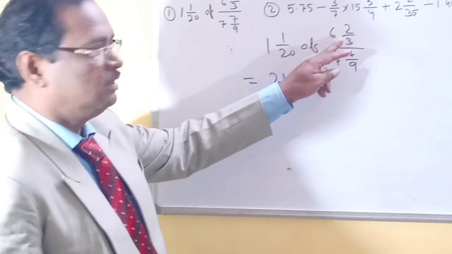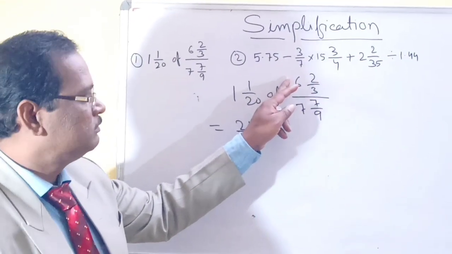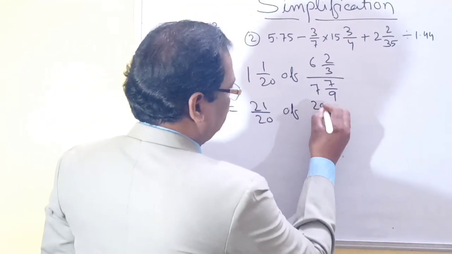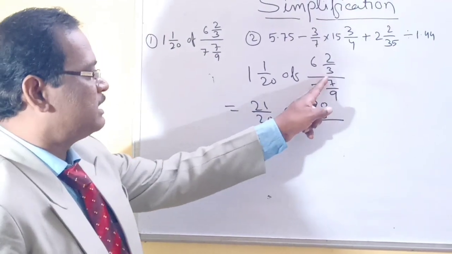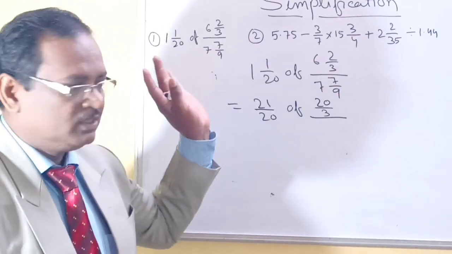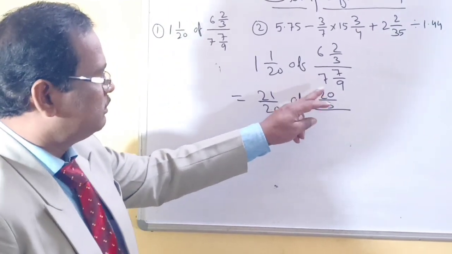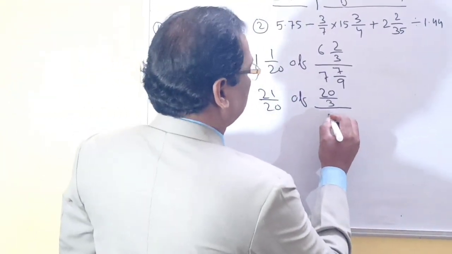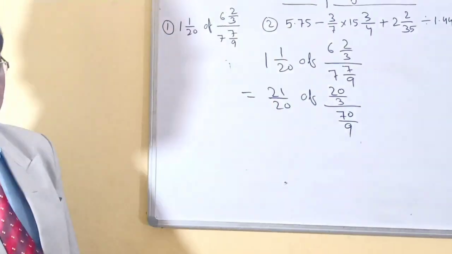Here also I will convert it into an improper fraction. 6 3s are 18 plus 2 equal to 20 by 3, whole divided by 7 7 by 9. This also I will convert: 7 9s are 63 plus 7 equal to 70 by 9. Right, friends?